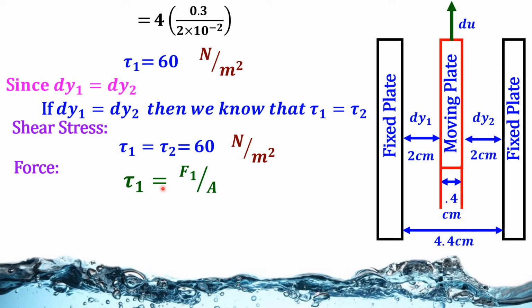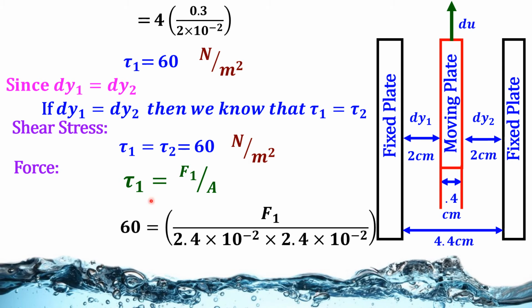Force. The formula for finding force is tau1 is equal to F1 by A. We know tau1 as 60 and A as 2.4 into 10 to the power minus 2 into 2.4 into 10 to the power minus 2. Therefore, F1 is equal to 0.03456 Newton.